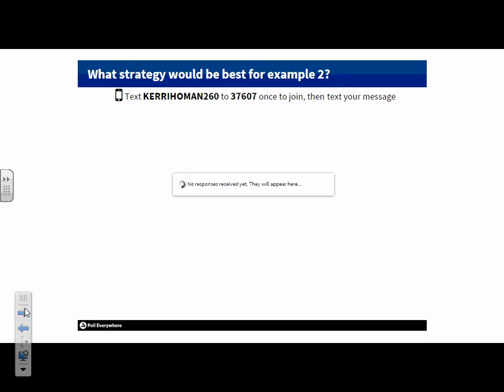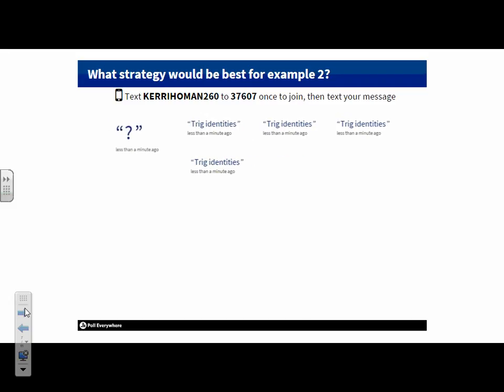Which approach would be best for this example? Okay, all ideas are good ideas.